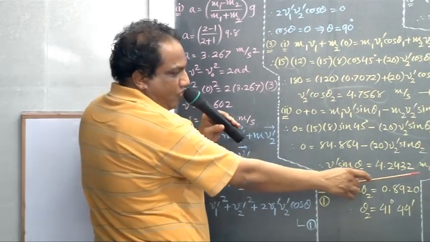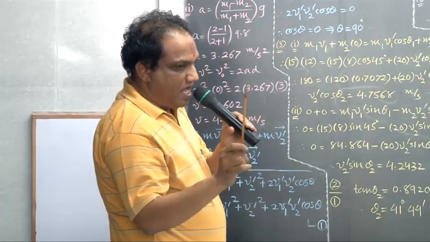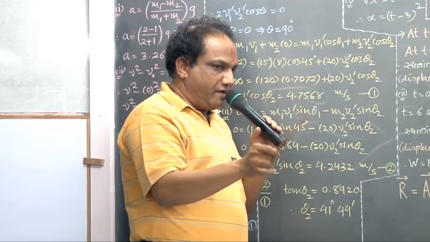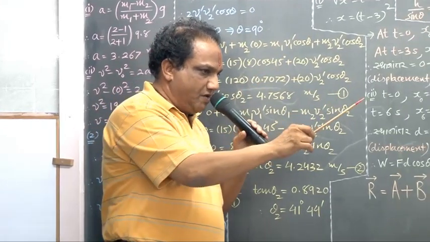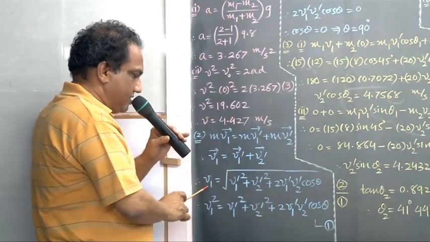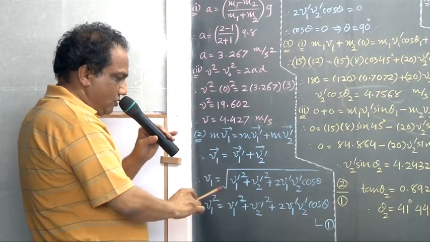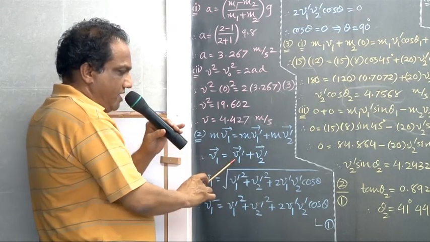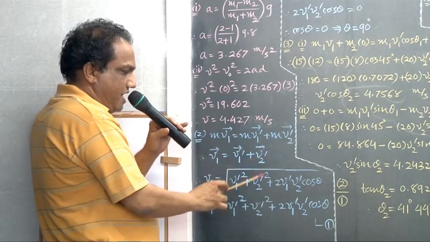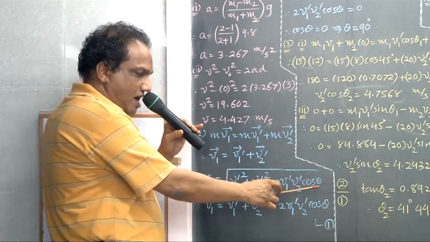And what was the formula for the magnitude of the resultant vector? Magnitude of the resultant vector was R equals under root of A square plus B square plus 2AB cos theta. Remember? Similarly, the magnitude of this, that is V1, is equal to under root of V1 dash square plus V2 dash square plus 2 V1 dash V2 dash cos theta.